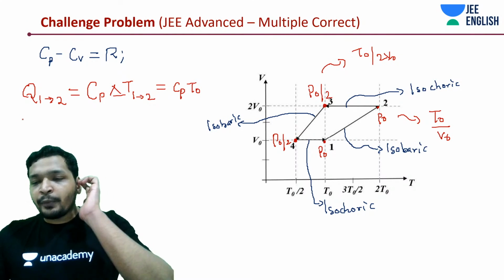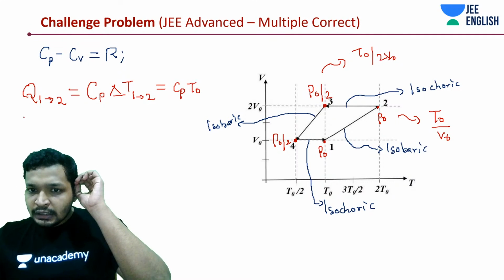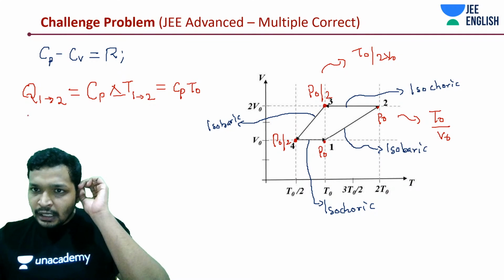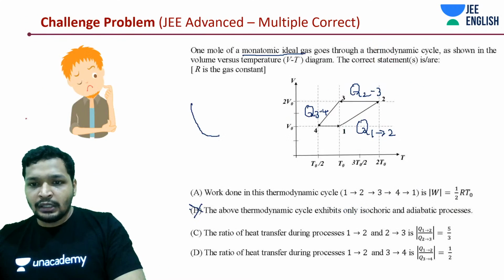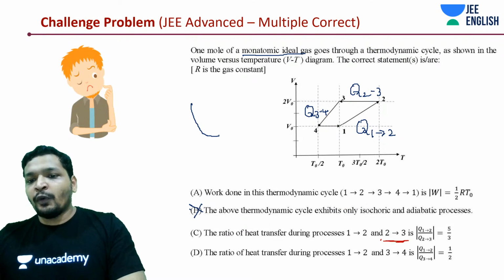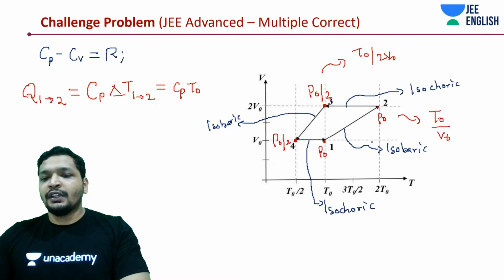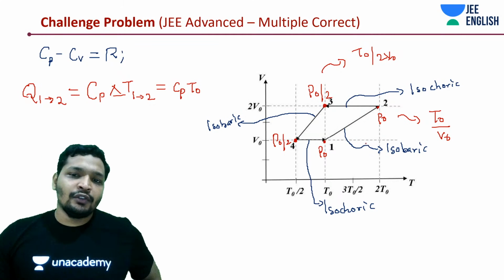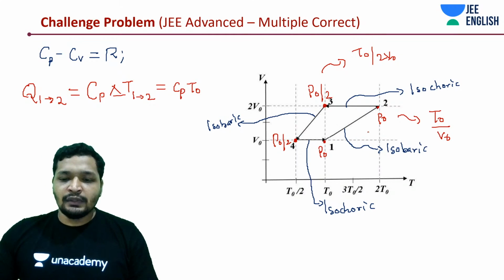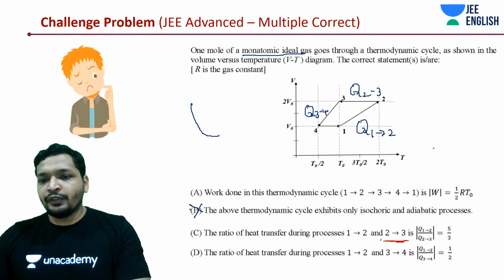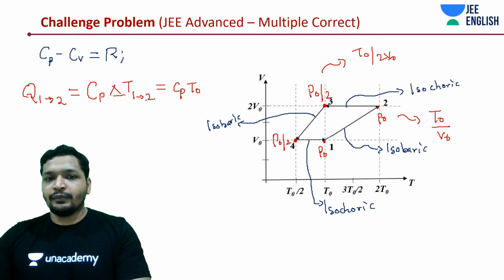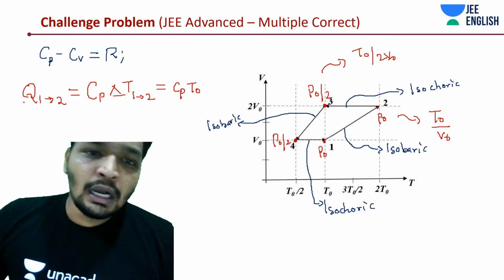What about process 2 to 3? The next thing is 2 to 3. For work done, you can draw it simply like that as well, but you can make use of the graph to do it quickly.